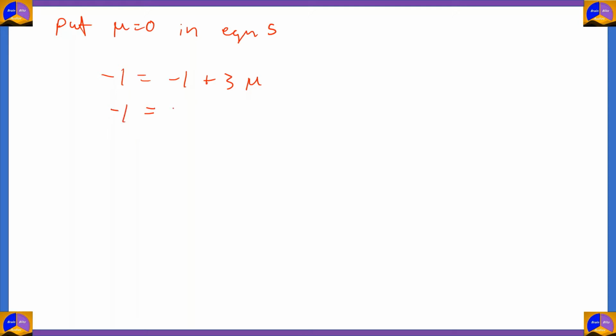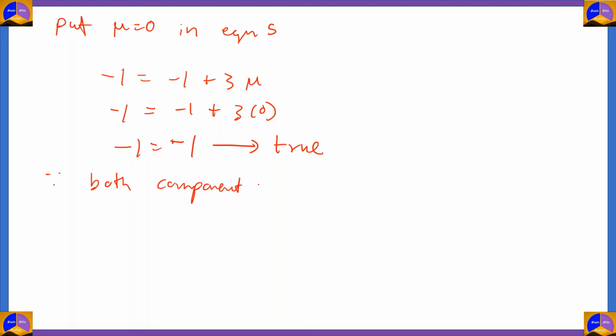So it will be minus 1 is equal to minus 1 plus 3 times 0, since mu is equal to 0. So this term gets cancelled. So we have minus 1 is equal to minus 1, which is true because both sides have the same component. So since both components are equal, both lines intersect at a point.